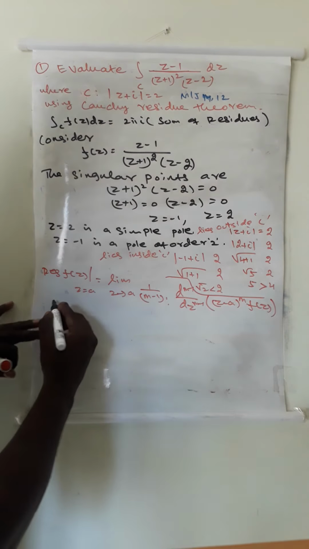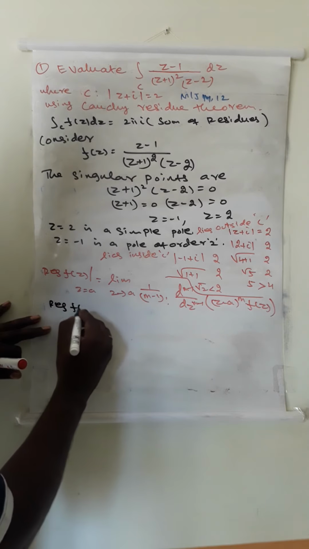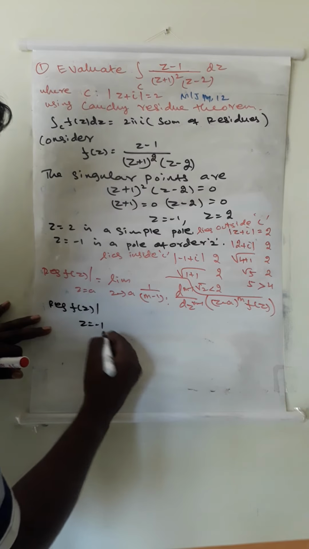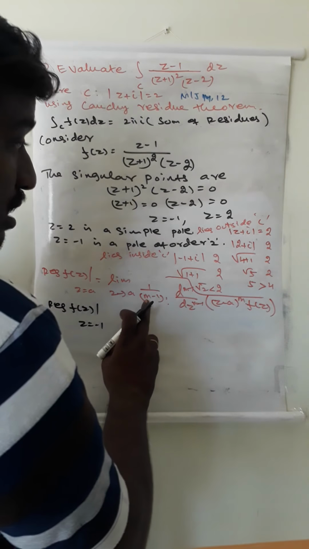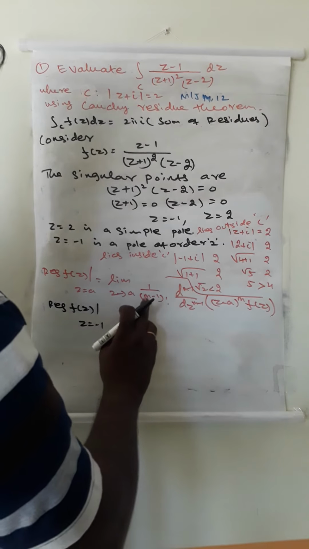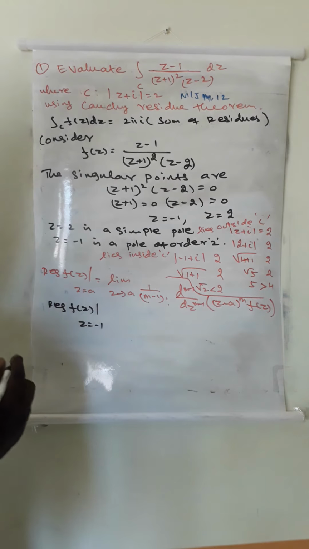So here, the residue of f of z at z equal to minus 1. Here m is the order, so my m value is 2 and my a value is minus 1.